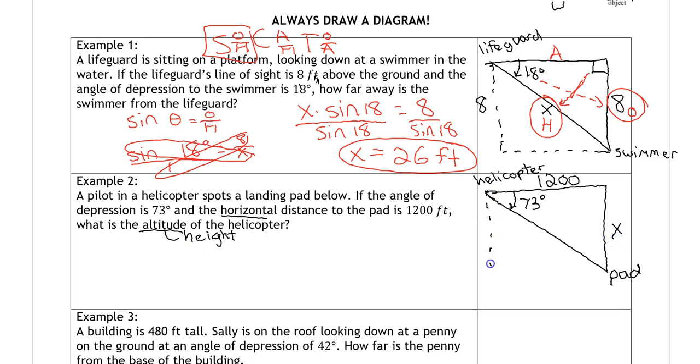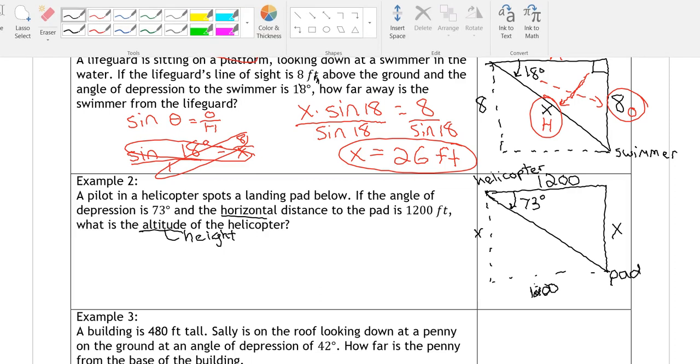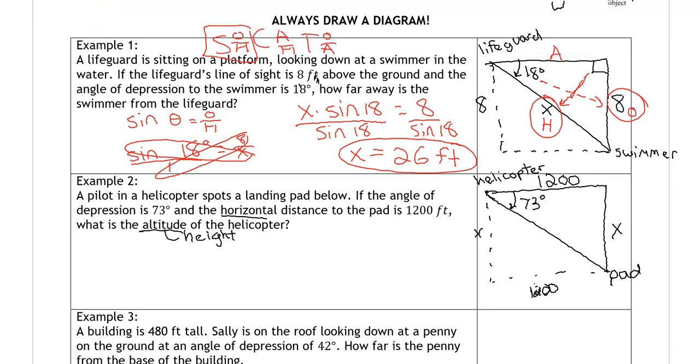Again, I could draw this in over here as well. This is also 1200. This is also x. It's a nice rectangle with a diagonal through it. Across from my right angle is the hypotenuse. Across here is my opposite, and the adjacent. I'm using my opposite and my adjacent side, so I'm going to be using tangent. Tangent of theta equals opposite over adjacent.